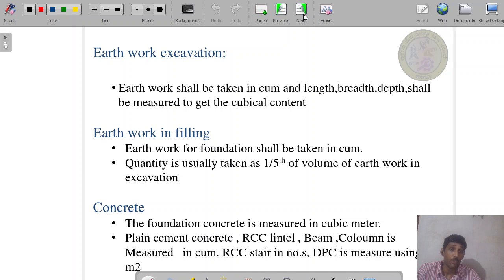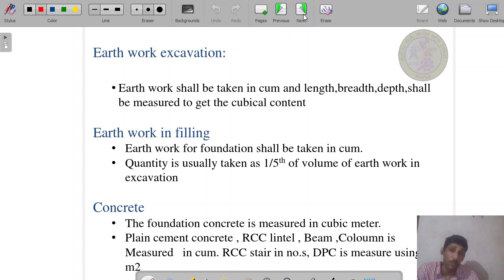How much filling you have to consider after the foundation is constructed, inside portion up to the plinth you have to fill it, is it right? By using sand or soil, you have to fill it. But how much do you have to take? In general, the quantity is usually taken as 1/5 of the volume of earth in excavation.